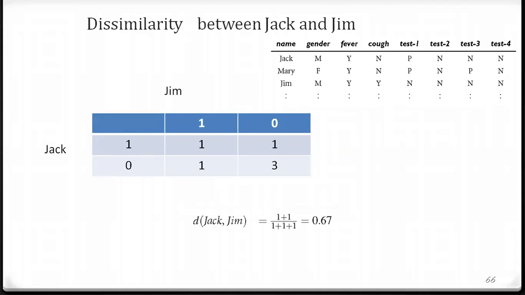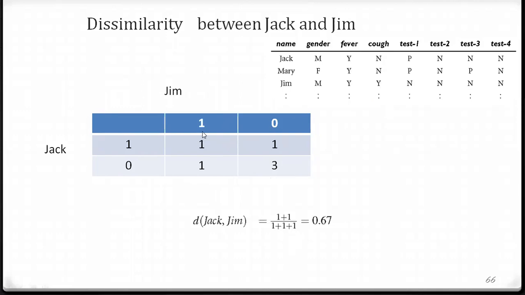When you compute the dissimilarity between Jack and Jim, we have 3 negatives in test 2, test 3, and test 4. So both are 3 negatives, and we have 1 positive YY here, and we have NY, which is cough.